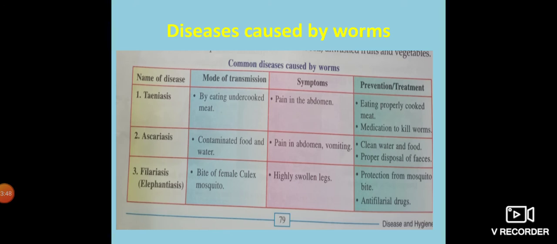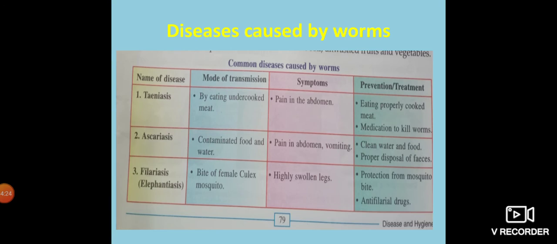The eggs of this parasite may be found in the soil and on unwashed fruits and vegetables. If we eat these unwashed fruits and vegetables, these eggs may get inside our body. So ascariasis is transmitted through contaminated food and water. Its symptoms are pain in the abdomen and vomiting.